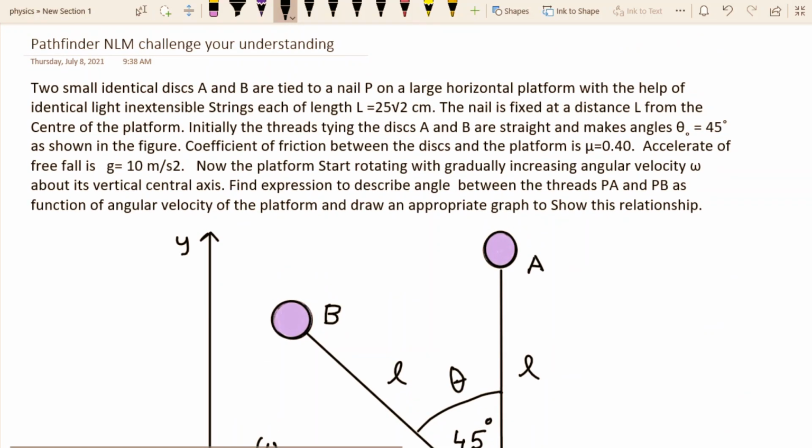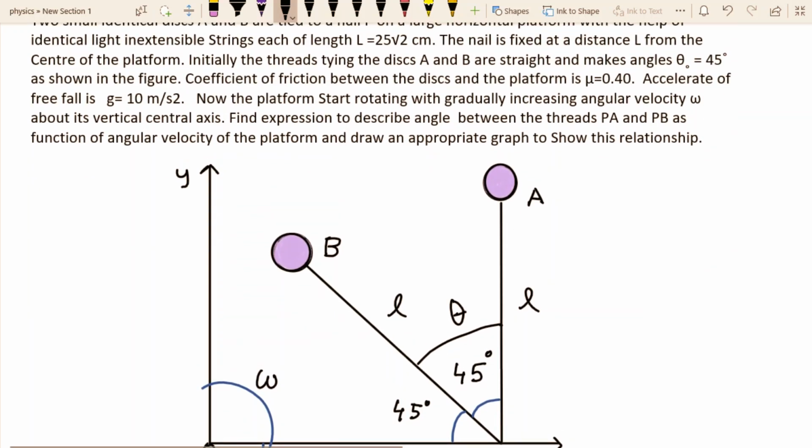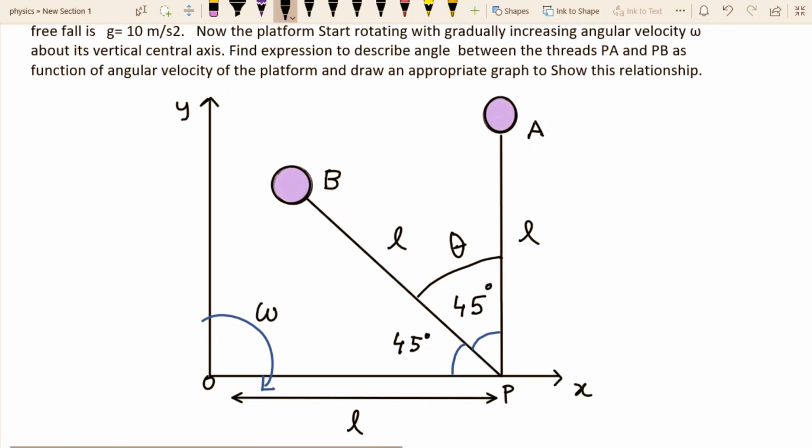So first, let us find the angular velocity of the platform at which disk A will slide, and also the angular velocity at which disk B will slide. We have to find these two angular velocities first.